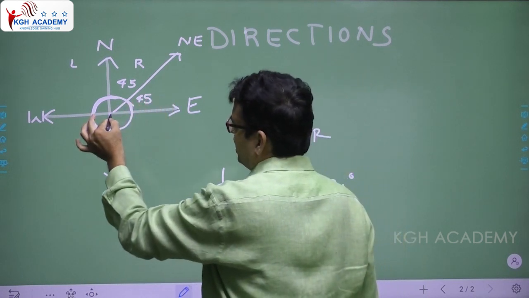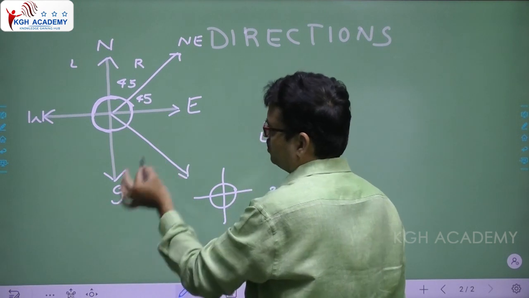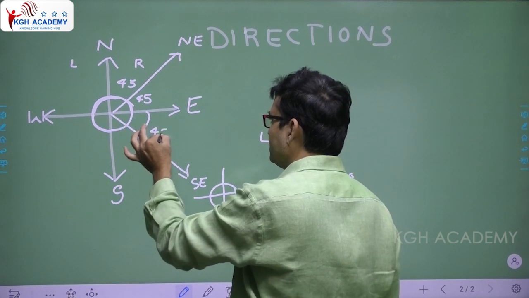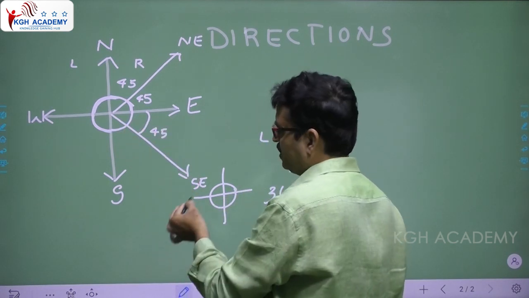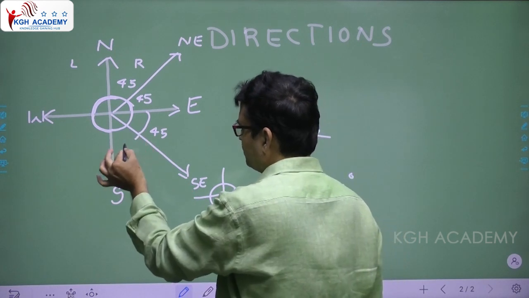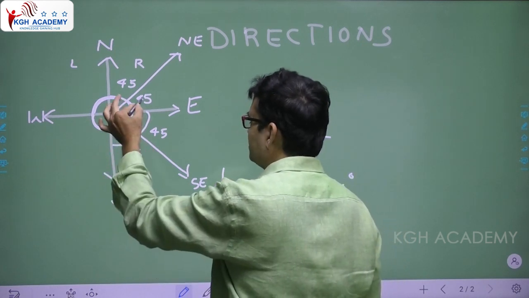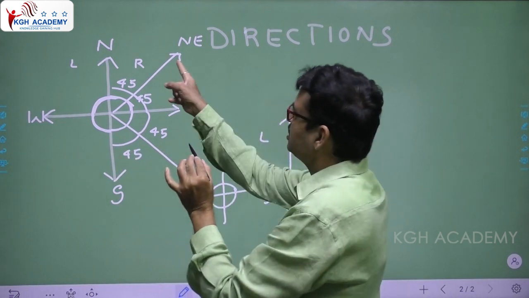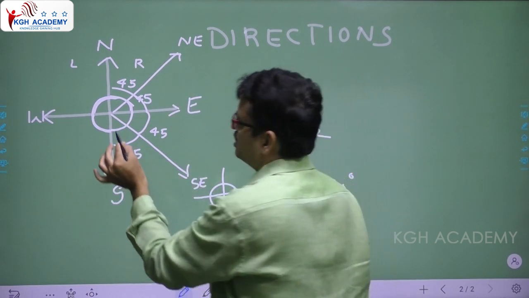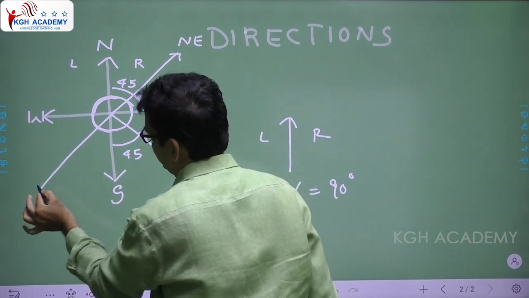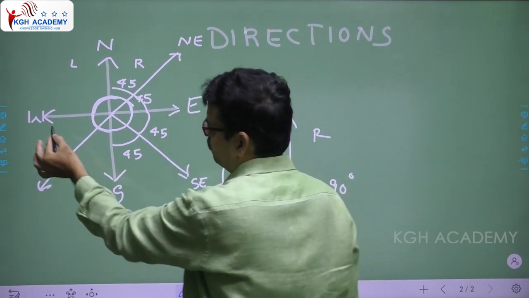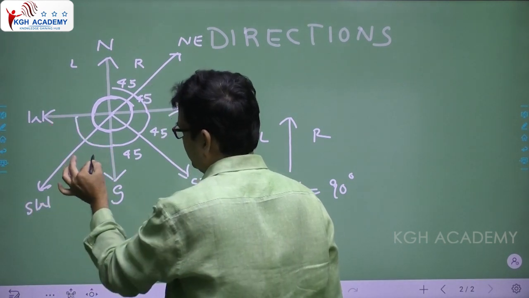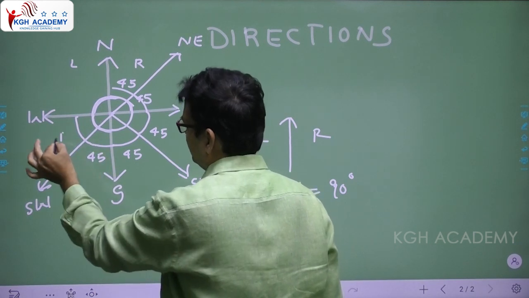In the same way, if I put an arrow exactly between south and east, we call it southeast, and the angle between east and southeast is 45, and between southeast and south is 45. Now, if I put an arrow exactly opposite northeast, that is between south and west, we call it southwest, and the angle is 45 here, and this is 45.